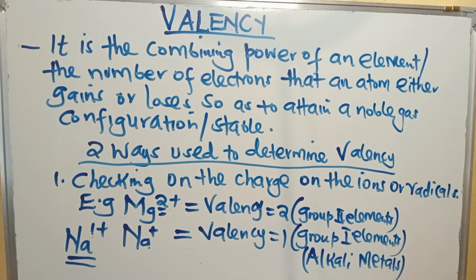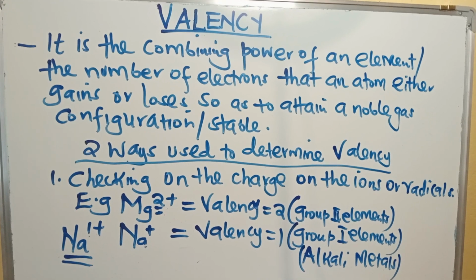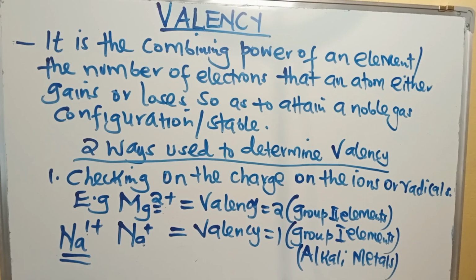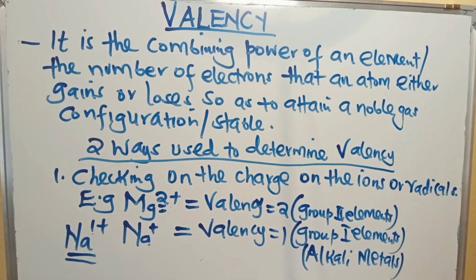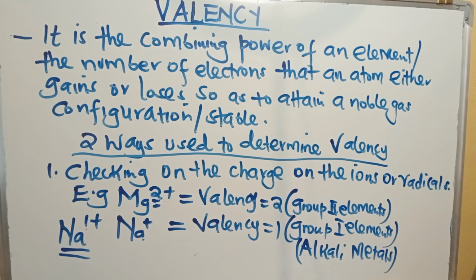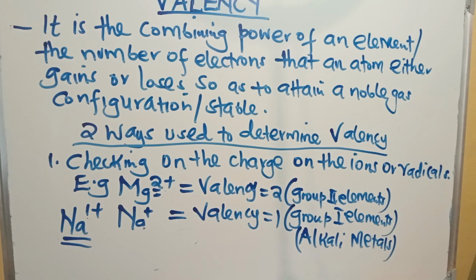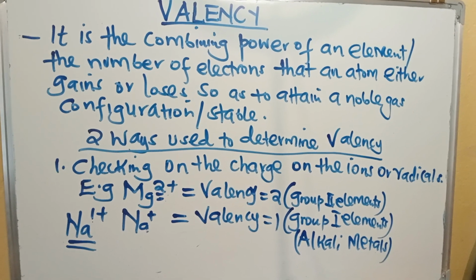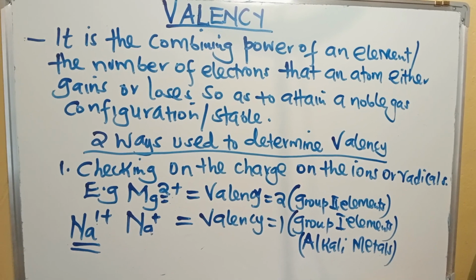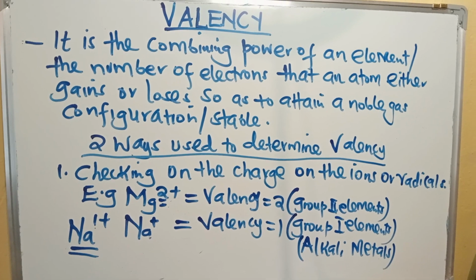Why is hydrogen not considered a group 1 element? It is because hydrogen can either gain or lose, and it can gain like a halogen or lose like a group 1 element.